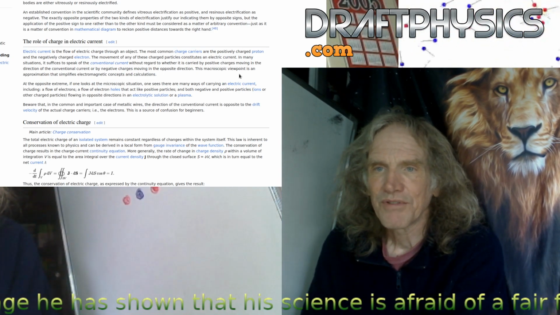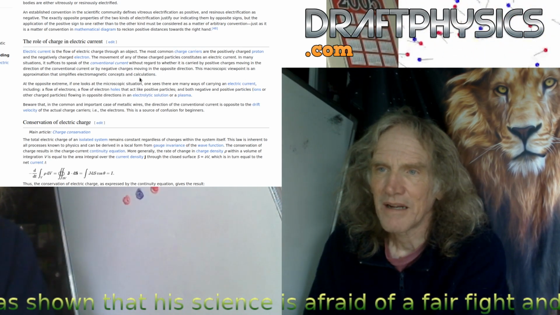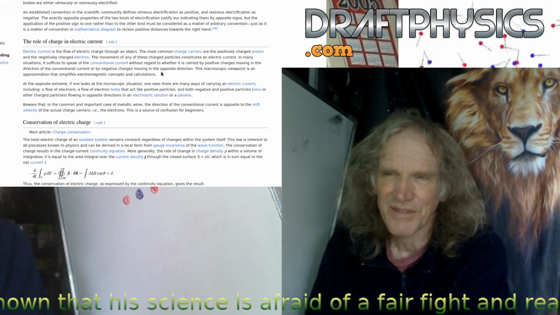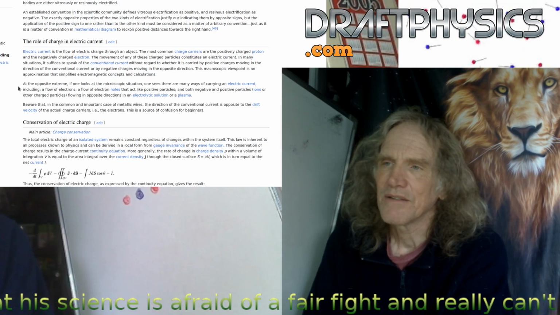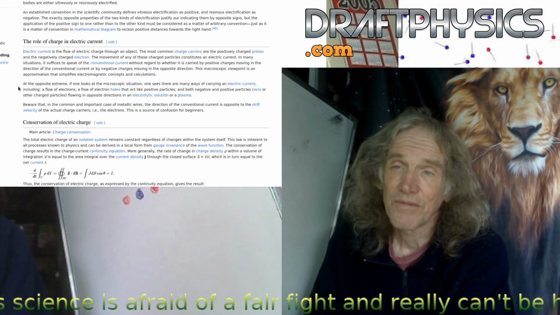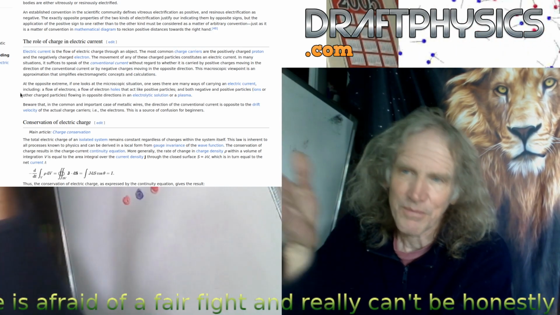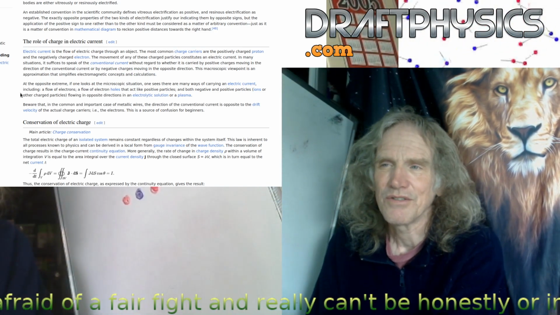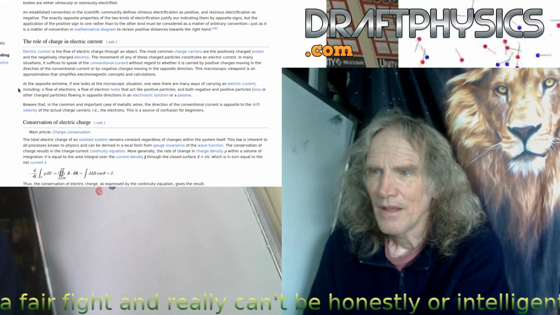This microscopic viewpoint is an approximation that simplifies electromagnetic concepts and calculations. So they're saying it's some sort of convenient shorthand, but it really isn't right and it isn't correct. So why do it? Why pretend it's something other than what you already know it to be, which is that you have to move electrons, and just move them.